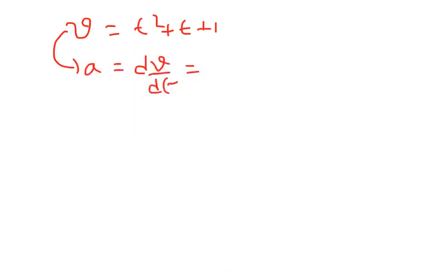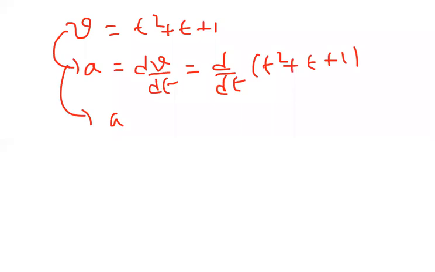Here, the question is, suppose we know velocity is given as a function of time, t square plus t plus 1. What is acceleration? We know a equal to dv by dt, d by dt of t square plus t plus 1, so acceleration is 2t plus 1.